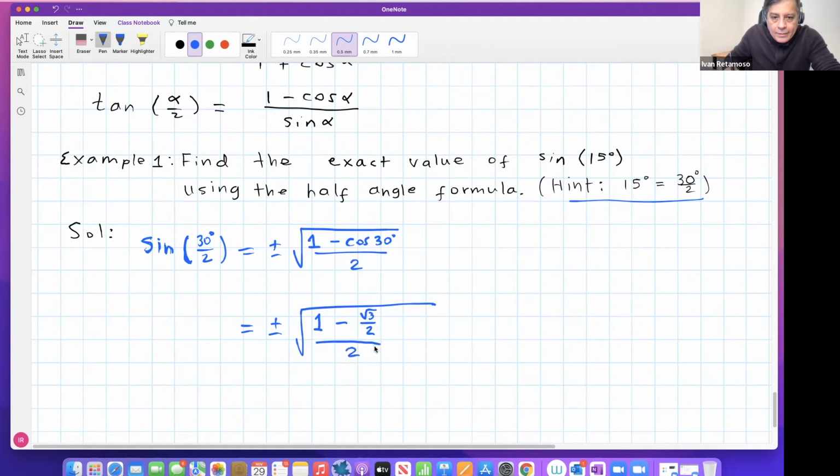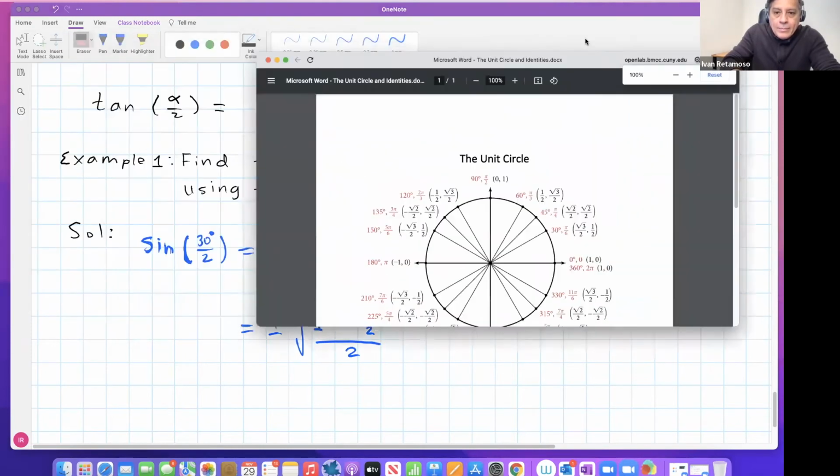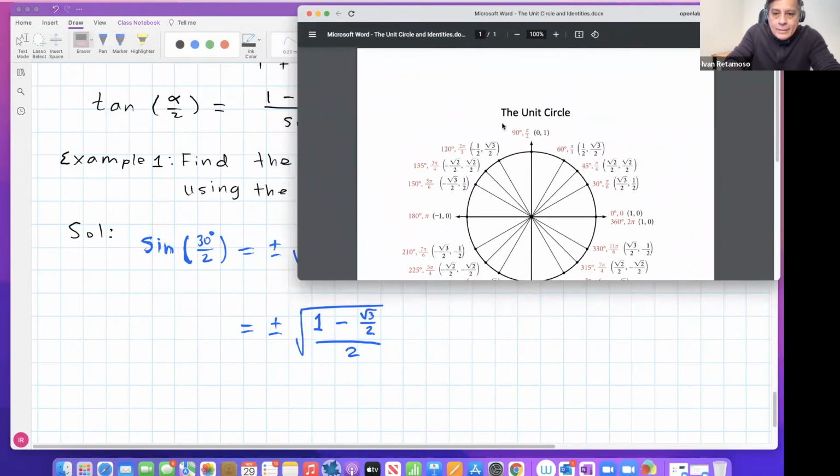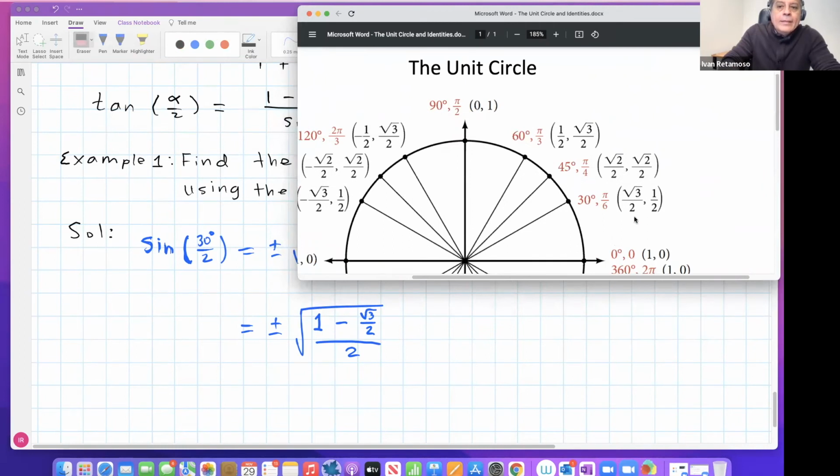In case you want to make sure that's the cosine of 30 degrees, guys, you have the unit circle, always handy. In there, it will appear. Look, 30 degrees is here. Look at the first coordinate. This is always cosine. The second coordinate is sine, right? Sine of 30 degrees, 1/2. Cosine of 30 degrees is square root of 3 over 2, it's there.